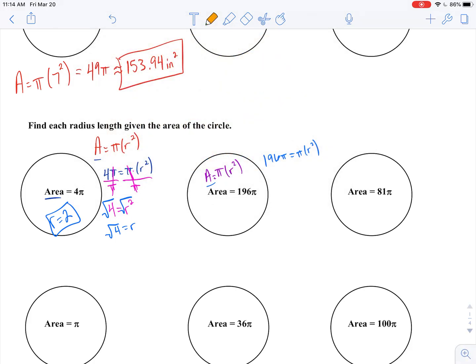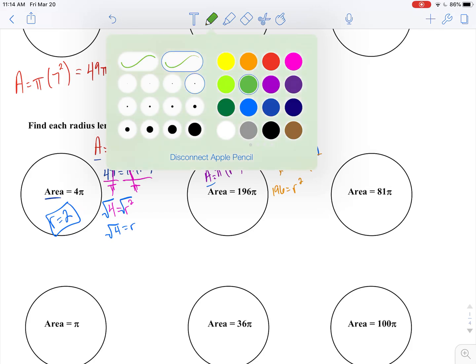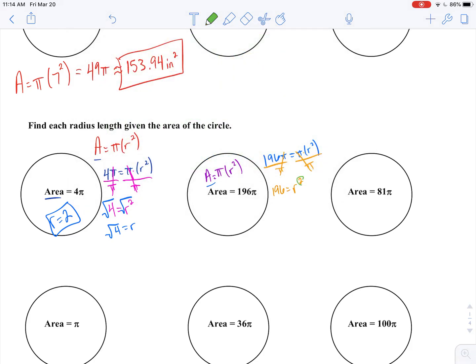And I want to get this r squared by itself. That's what I'm trying to solve for. So what do I need to get rid of to get that r squared by itself? Well, I've got to get rid of this pi. And how do I get rid of that pi? What's the opposite of multiplying by pi? Well, it'd be dividing by pi. So 196 equals r squared.